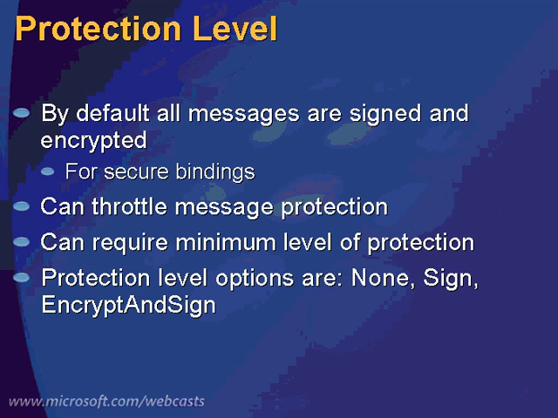When you turn on security, by default, you get encrypt and sign protection level. So by default, this is a good thing if it's a secure binding. Only basic HTTP is the binding that has no security, but as soon as you enable security, you get encrypt and sign. You can throttle this setting so you can actually reduce the level of protection if you like.